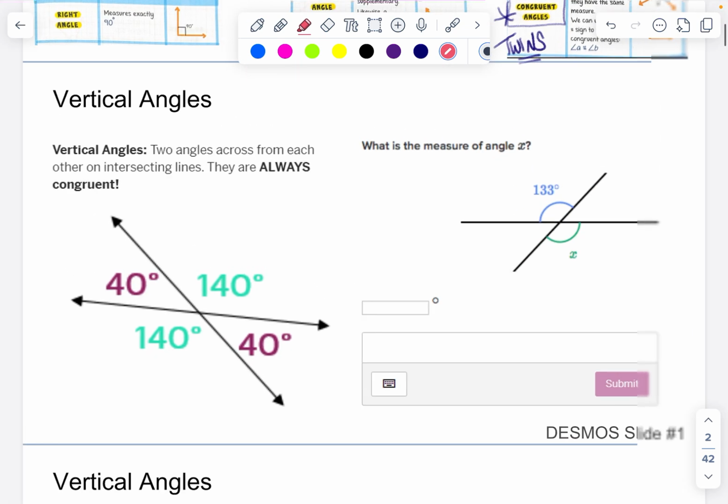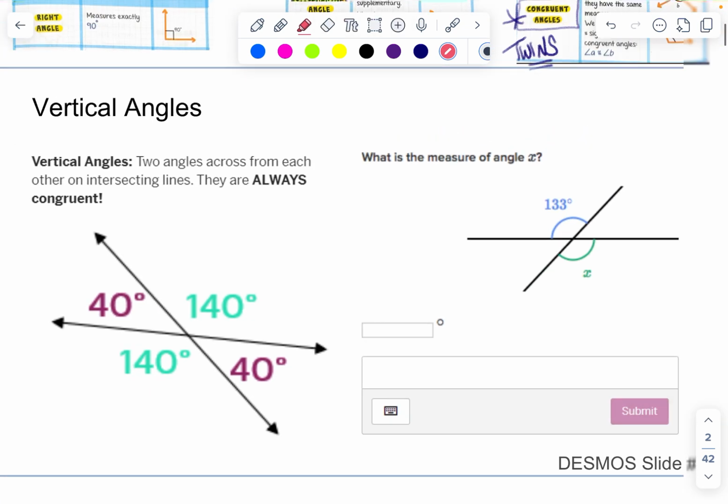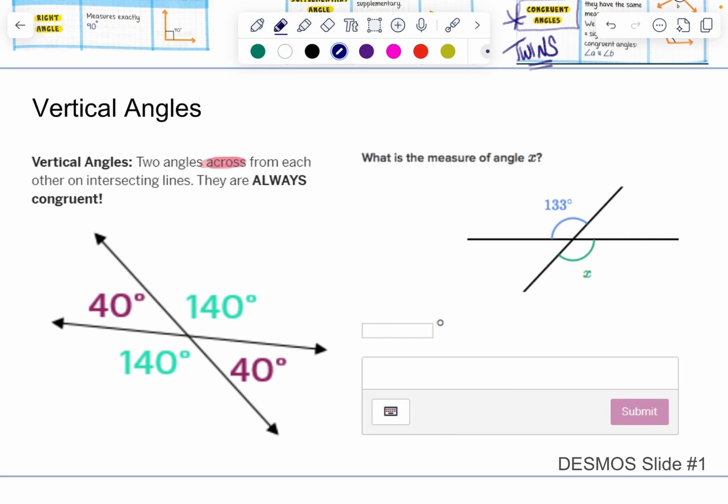So the first thing we're going to talk about are vertical angles. Some of the words that I think help the most: across, two angles that are across. Across is probably the most significant word when trying to find a vertical angle. They're across from each other.